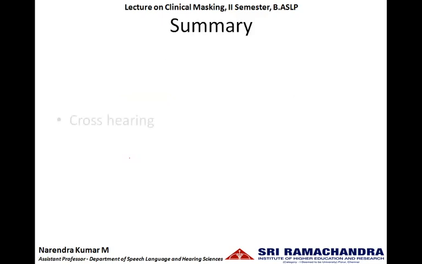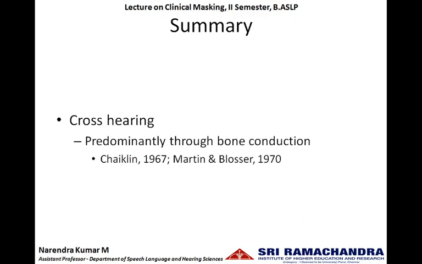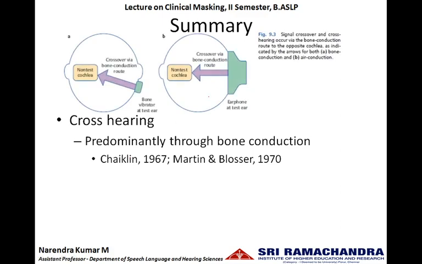In summary, cross hearing will always take place through bone conduction because the crossover route is through bone conduction. Even though we use supra-aural headphones or a bone vibrator, crossover will always take place only through bone conduction. And this crossover sound, if it is greater than the bone conduction threshold of the non-test ear, results in cross hearing.